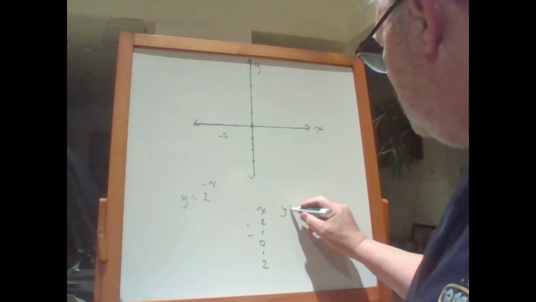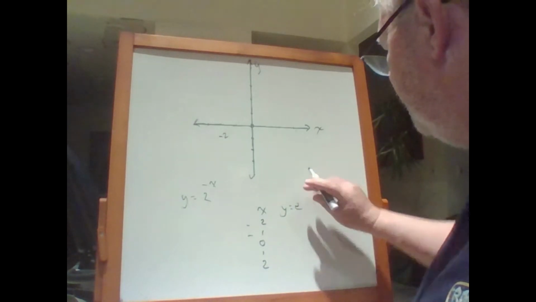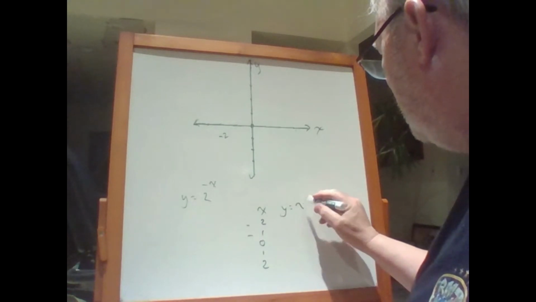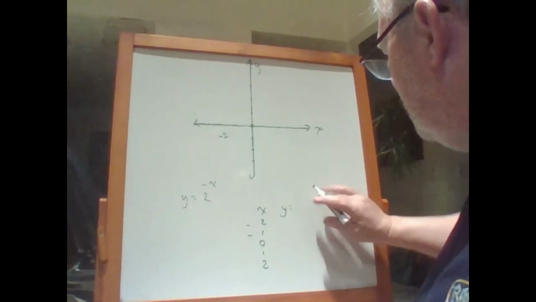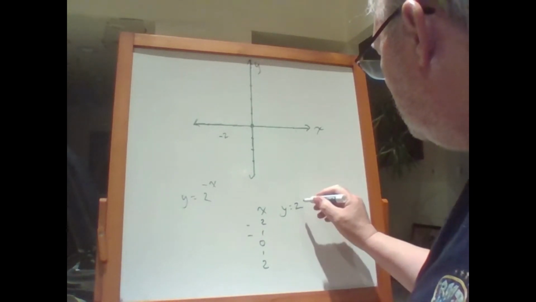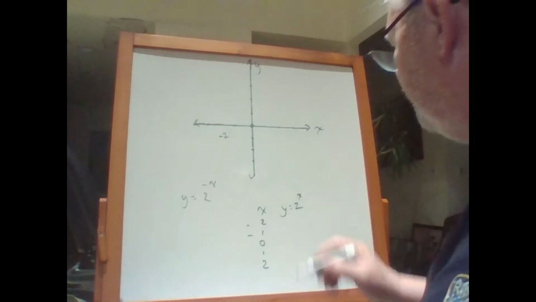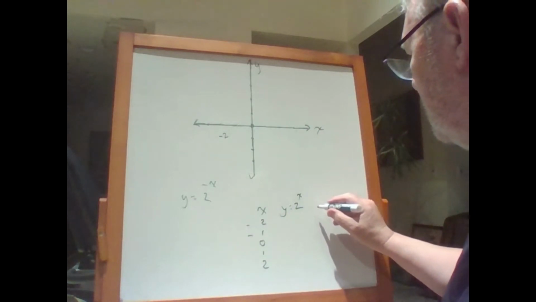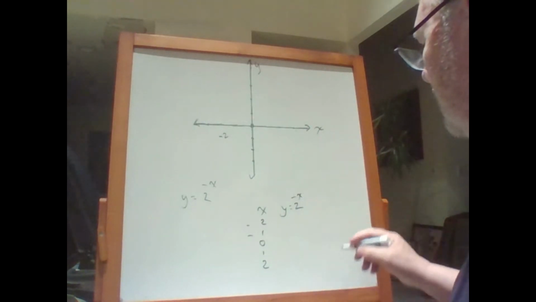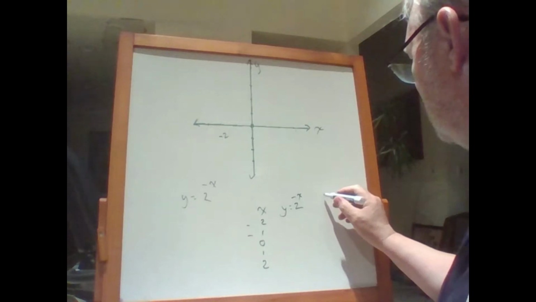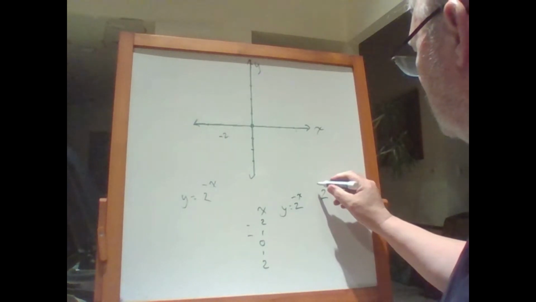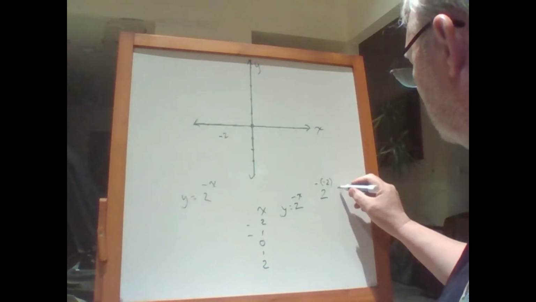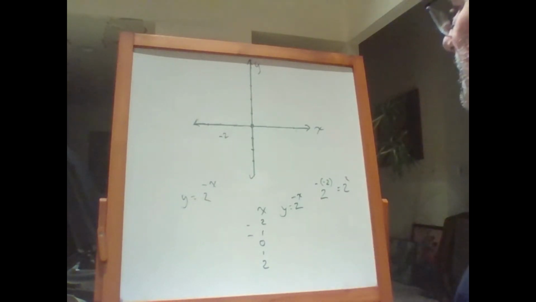And y equals, I'm always tempted to do e, 2 to the x. Okay, so this is negative x. So 2 to the -2 is equal to 2 squared.